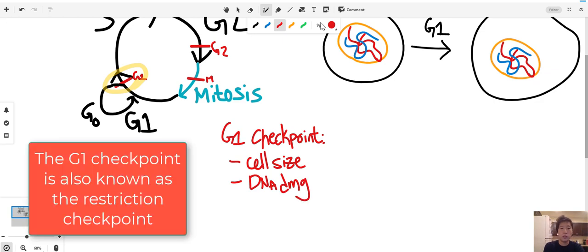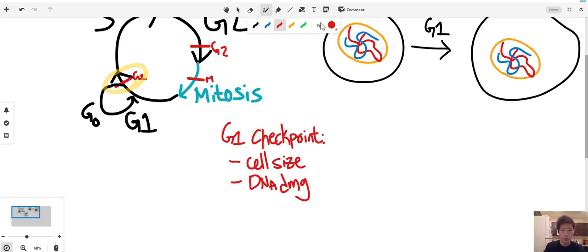And the cell also needs to be checking if it is appropriate to divide. Is it receiving positive cell division signals from its environment as well? Okay, so following this G1 stage, it's going to enter S phase.